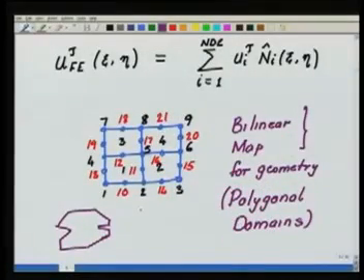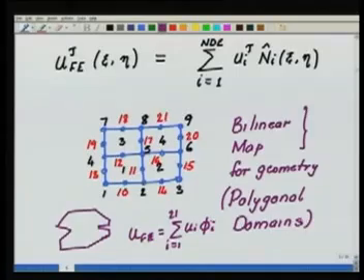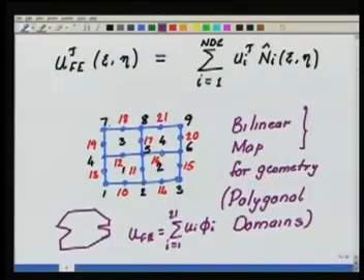Here you see that the total finite element solution is given as u_FE equal to the sum over i equal to 1 to 21 of u_i phi_i. My question is, what is this phi_i? If I look at the fifth one, for example, the phi corresponding to the fifth global node, remember that by our definition the phi's are defined with respect to the global nodes.